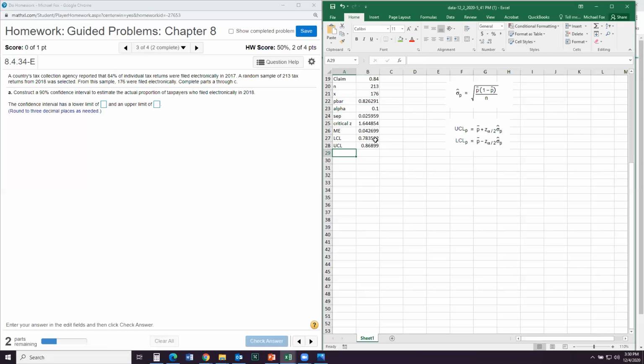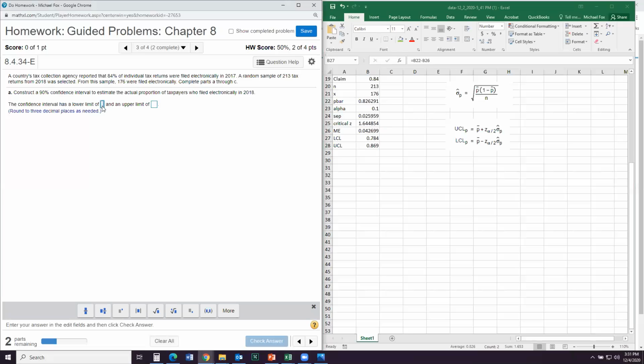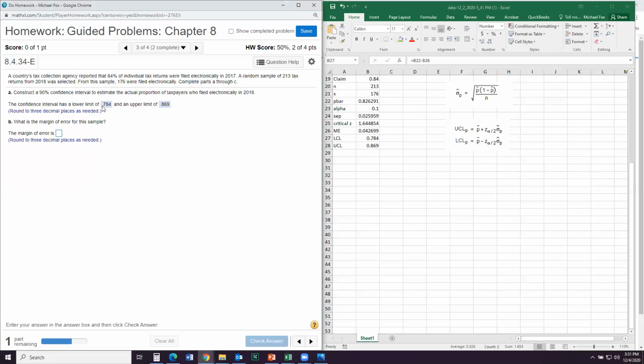This wants 3 decimal places. There we go. Margin of error is right here, 3 decimal places, .043.